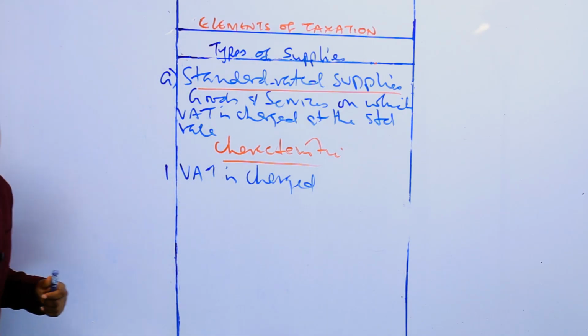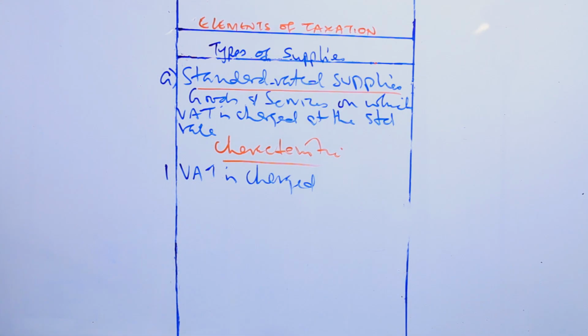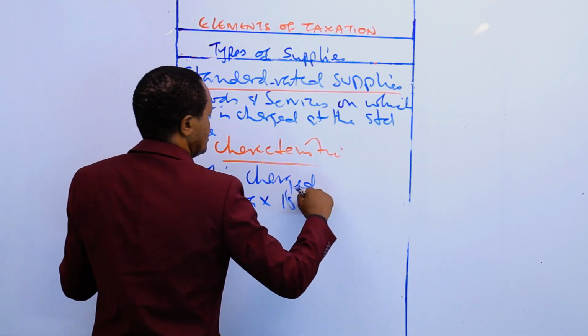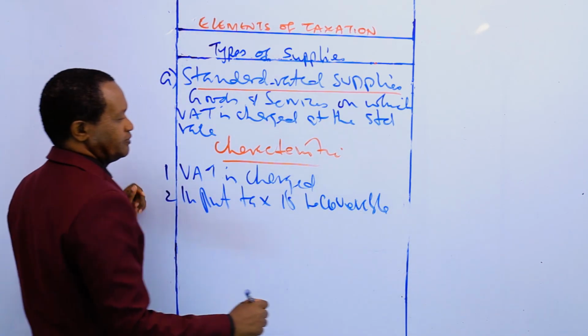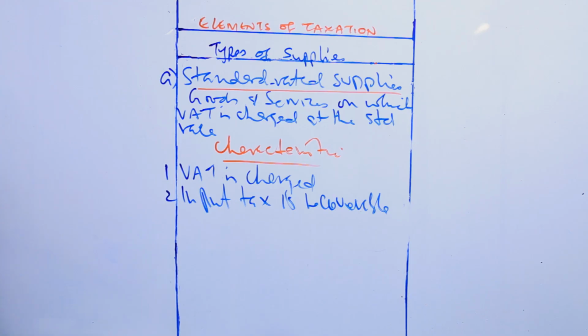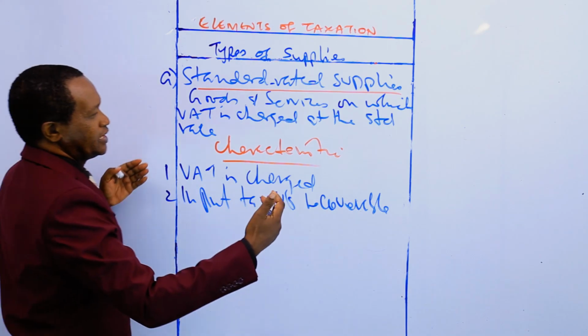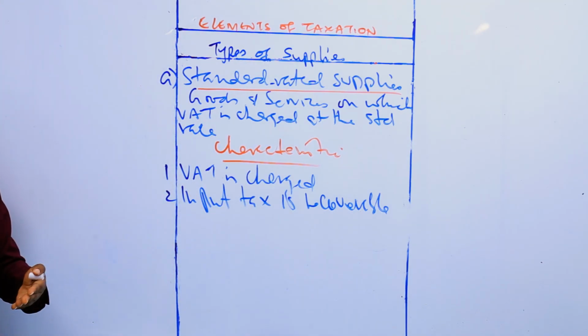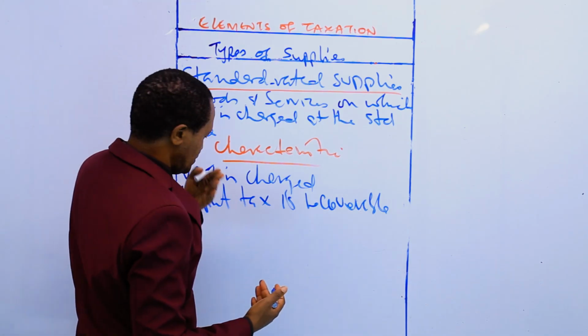The second characteristic is that input tax is recoverable. What does that mean? A VAT registered person making standard rated supplies can claim deduction for the input tax they incurred on purchases and expenses used in producing these supplies.